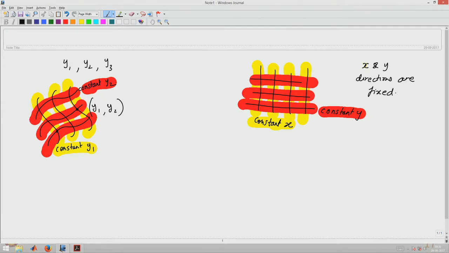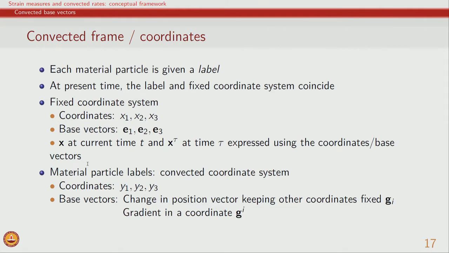But now we are looking at y1, y2, y3, which keep on moving along with the material, and since deformation is arbitrary, the positions of y1, y2, y3 can also change. In 2 dimensions, we have therefore indicated it using a set of curves along which either y2 or y1 remains constant. So, of the 2 definitions that we are asking about, in one of them we are saying that the other coordinates are fixed.